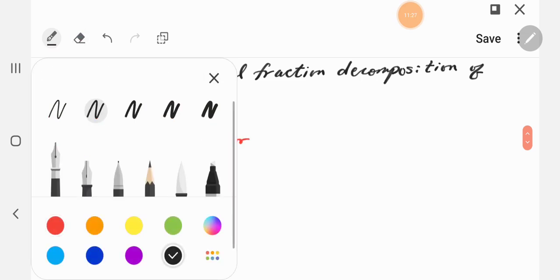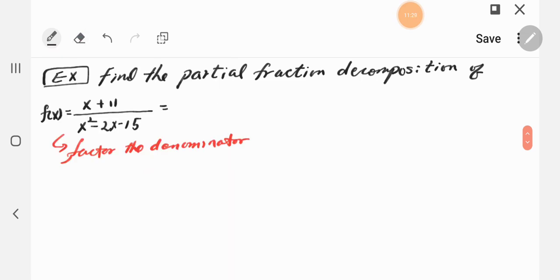So this is x times x, 15 is 3 times 5, and the minus sign goes on 2, so that 3 minus 5 is negative 2. So this will be x plus 11 over x plus 3, x minus 5.